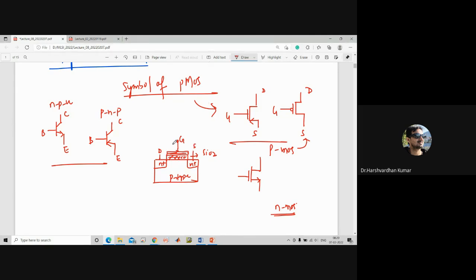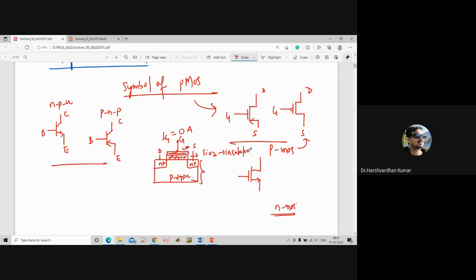If I ask you about the gate current, Ig, what will be its value here? Yes, sir, 0. Why is it 0? Because this gate terminal is isolated from the semiconductor. This is the semiconductor, and this is the SiO2 layer, which is an insulator.